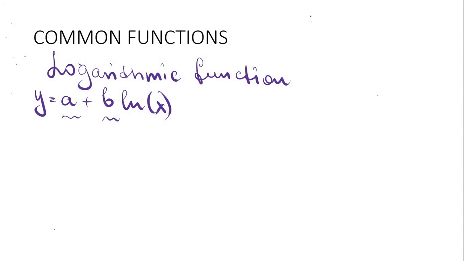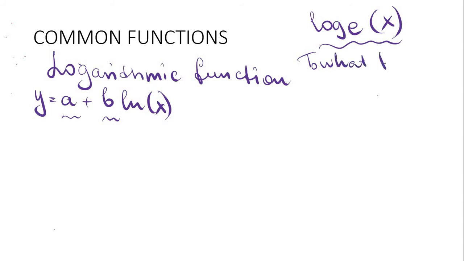So natural logarithm is the logarithm with base e. In our case, it's the logarithm of x. And basically this expression tells you to what power you need to take e to obtain x.